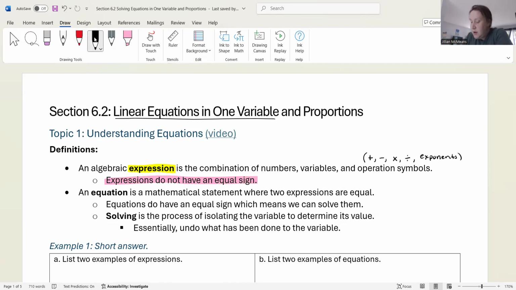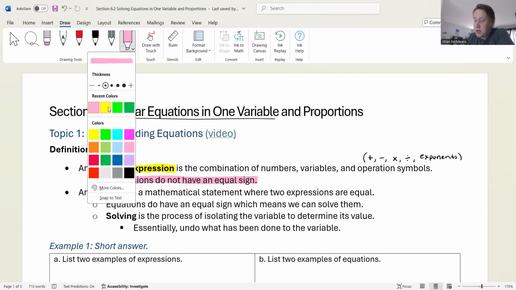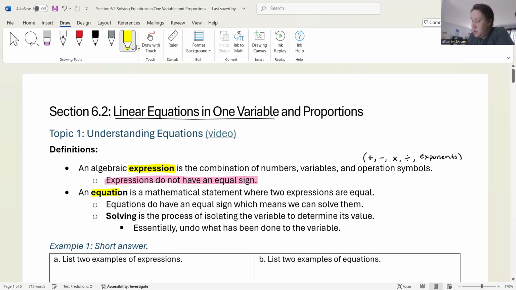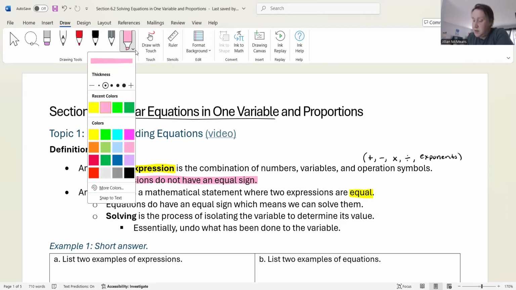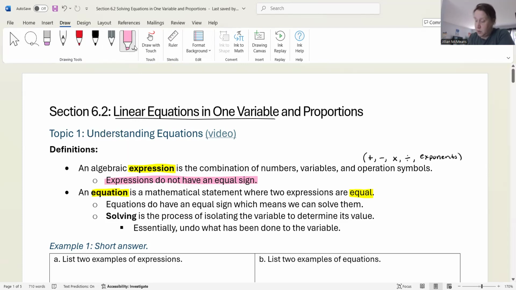Next, an equation is a mathematical statement where two expressions are equal to each other. Because we're saying two expressions are equal, we're certainly going to have an equal sign. So equations do have an equal sign, and because we have this equal sign, it allows us to do what is called solving.